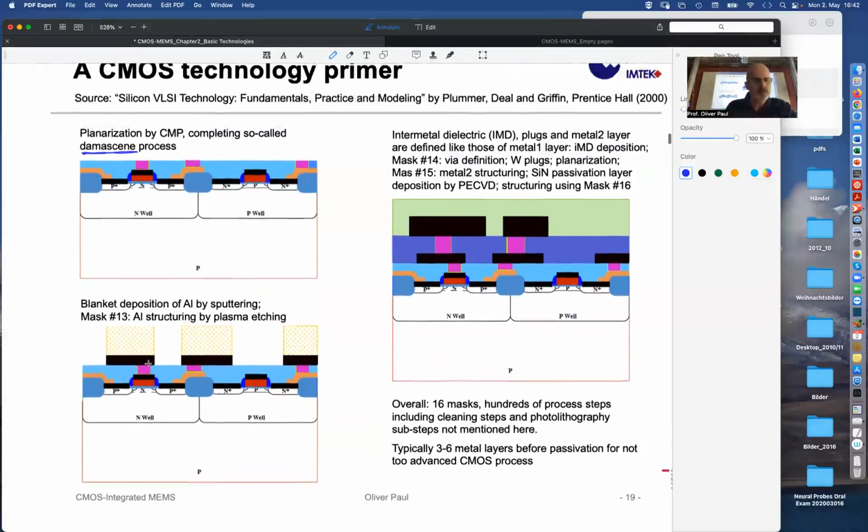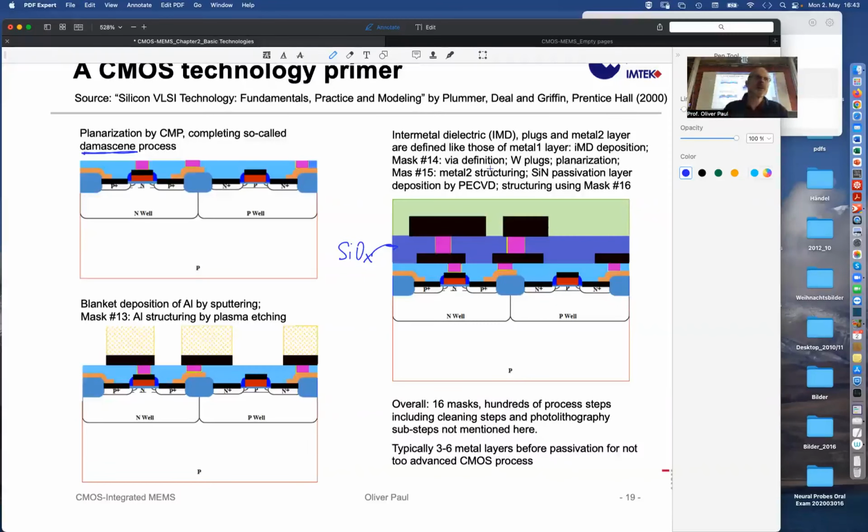And once this first layer of aluminum, which now runs over the wafer and interconnects transistors to make a kind of a first level interconnection topology of transistors to make some circuitry, another layer of oxide is deposited. So this is again silicon oxide, and it's called IMD, intermetal dielectric.